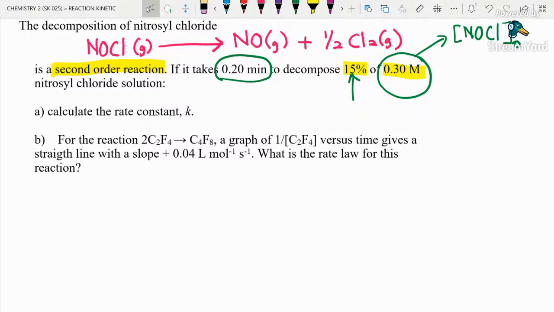Meaning that at 0.2 minutes, we have another 85% left because we already decomposed 15%. What is the concentration at 85%? So kita kena cari 85 divide by 100 times the initial concentration.